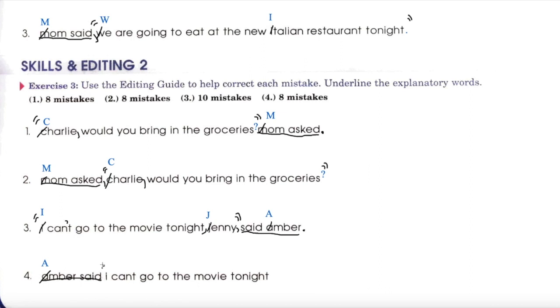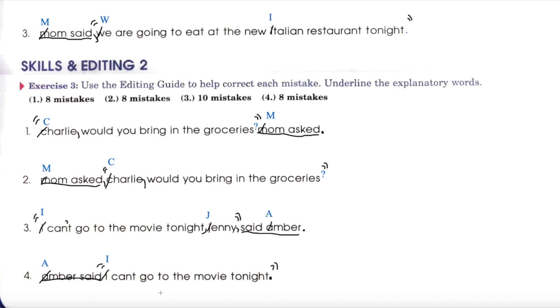Put in your quotation marks. Capitalize the first word of the quotation. Put in your ending punctuation. It's a statement, and we don't have explanatory words at the end, so we can just end the sentence with a period.